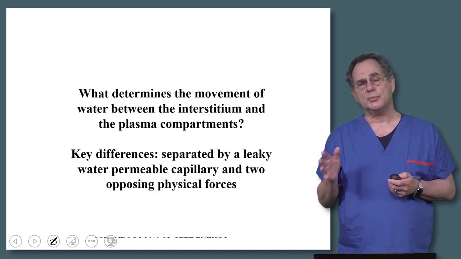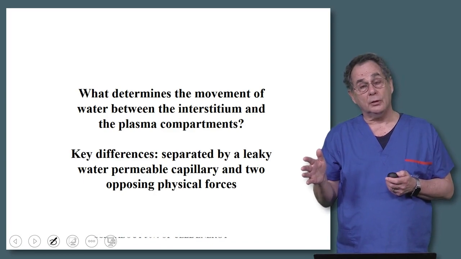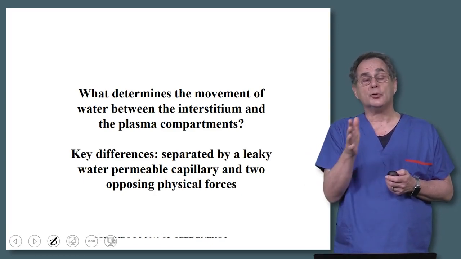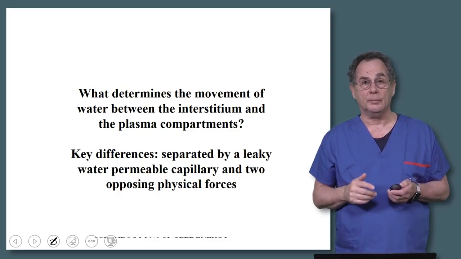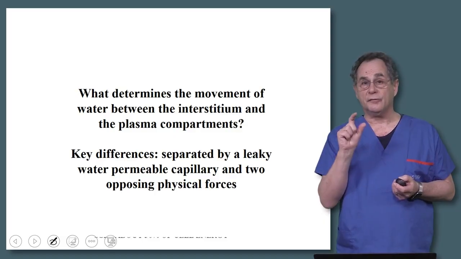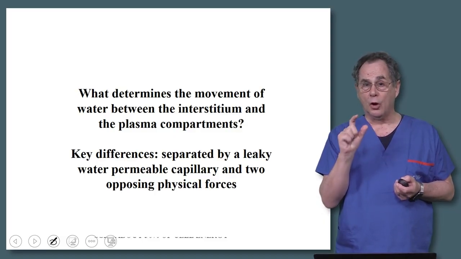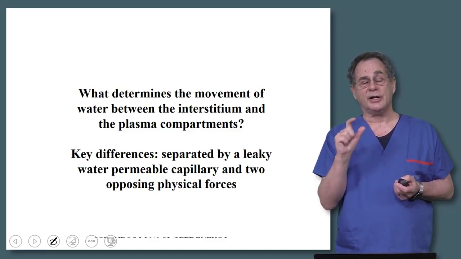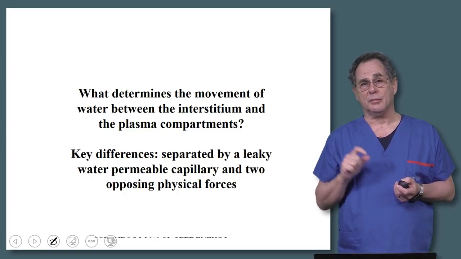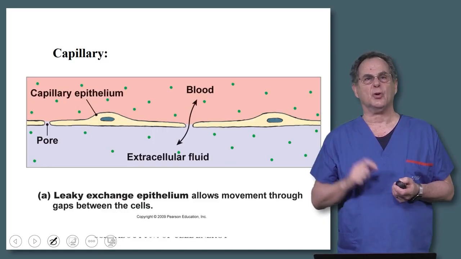So what is responsible for water moving from a vascular compartment or plasma compartment to an interstitial compartment? That is due to two opposing physical forces. So not osmolality gradients, not differences in sodium and potassium, but rather opposing physical forces.